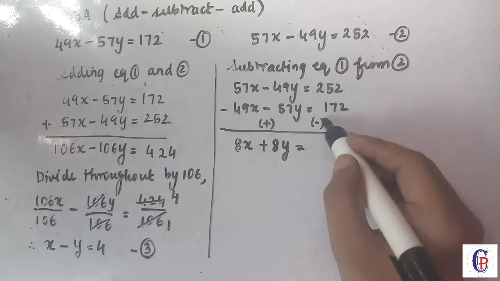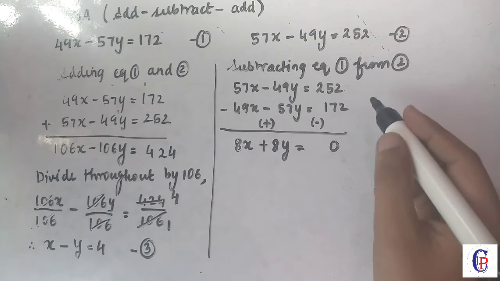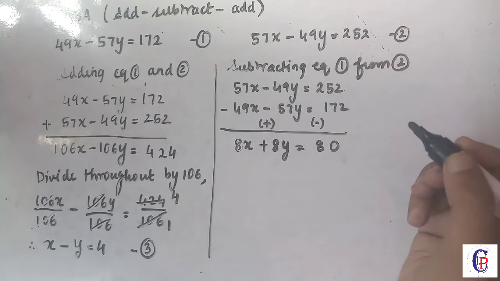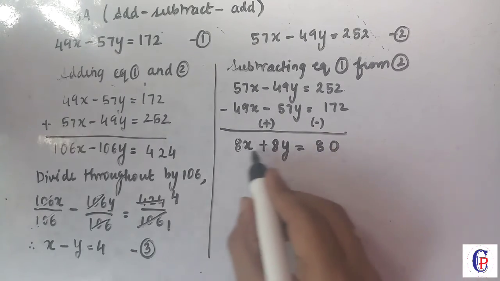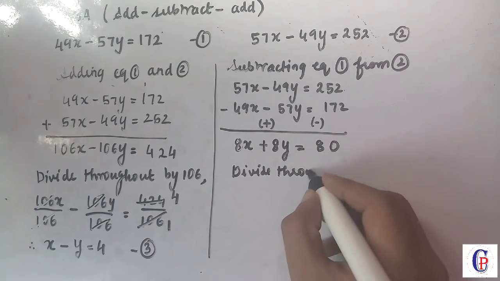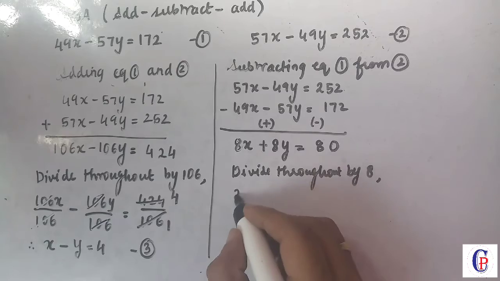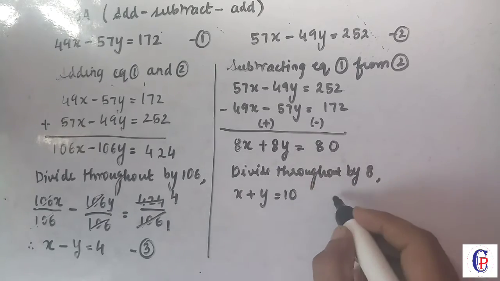And here 252 minus 172 will give you 2 minus 2 is 0, 25 minus 17 is again 8. So again you have to reduce this equation by 8. Divide throughout by 8. So you get x plus y is equal to 10.